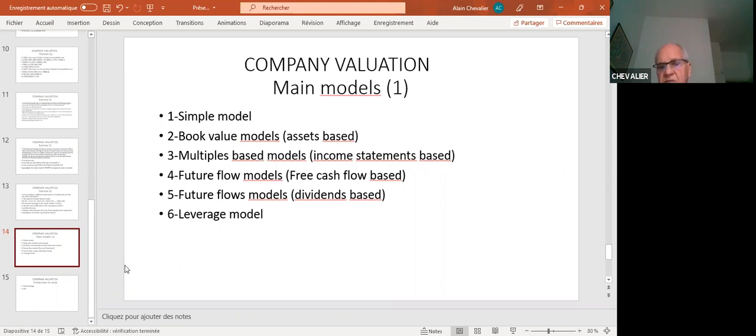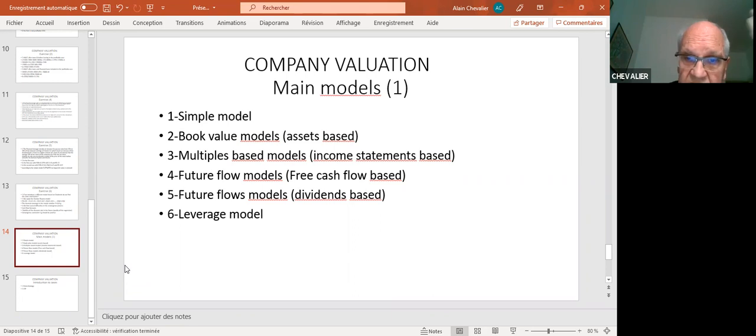I said a few words on the difficulties of applying these models, because we need comparables, and it's not very often easy to find comparables, and we have problems, for example, of liquidity, which have to be taken into account if you reference the benchmark comparables. The comparable is a company listed on the stock market and the company to value is not listed.